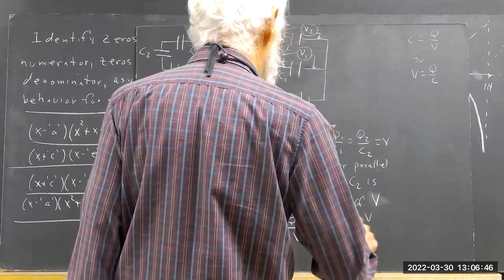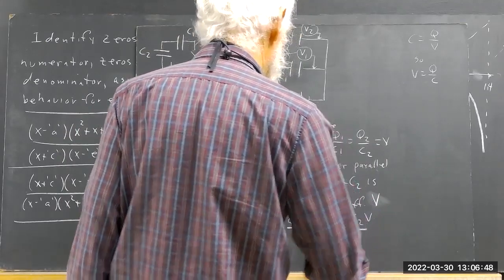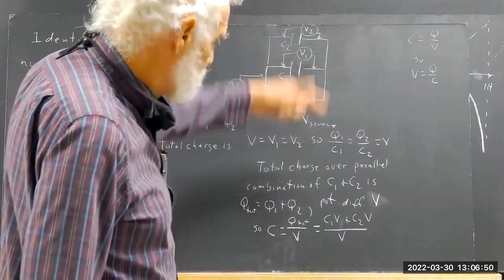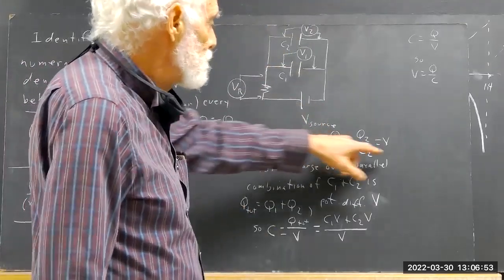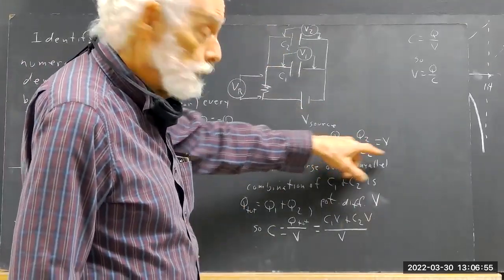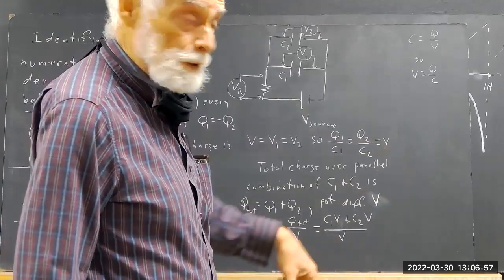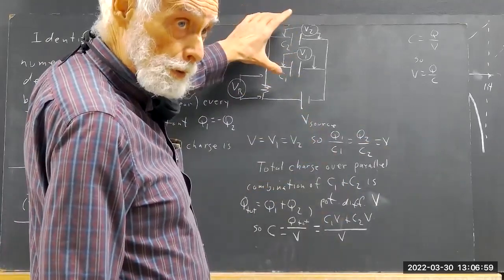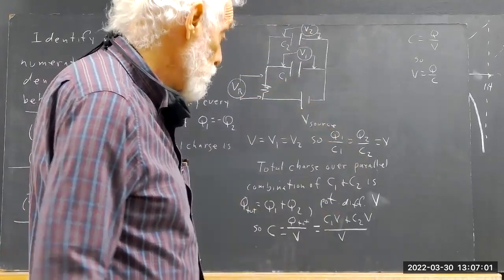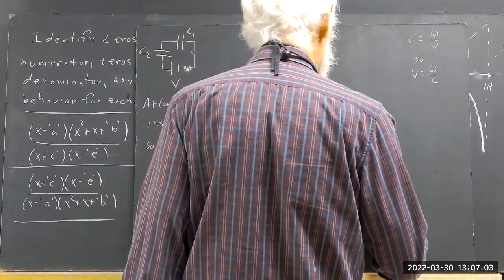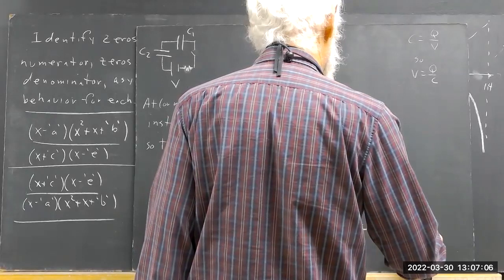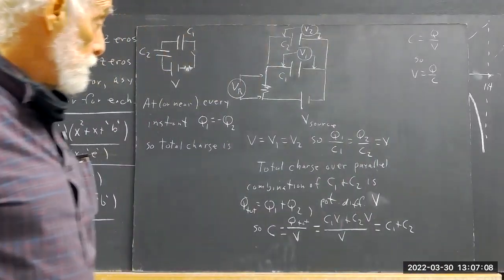So Q1 is C1 times V, and Q2 is C2 times V, because V is the common voltage. Voltages are the same, so we can do this. That just equals C1 plus C2.